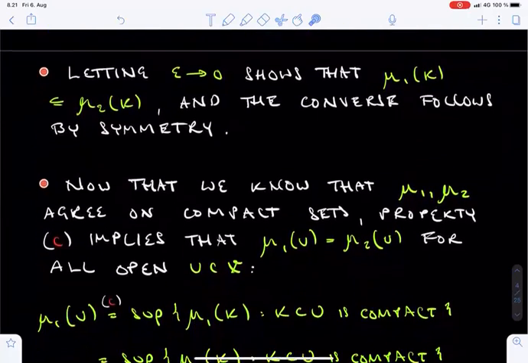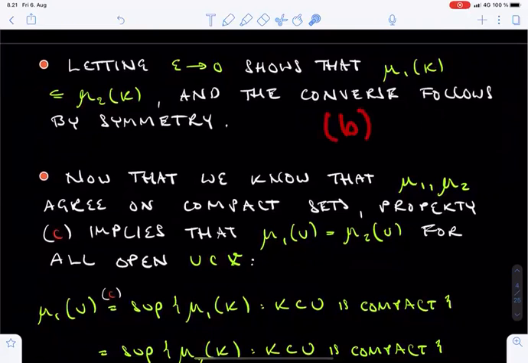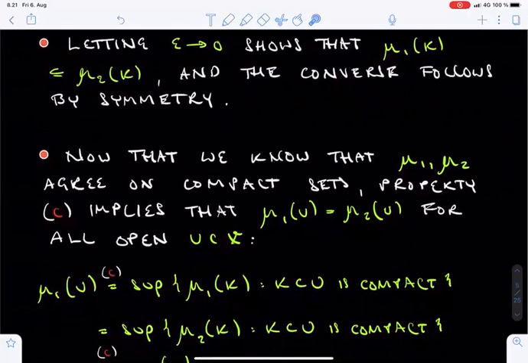It is interesting to note that the outer regularity of mu1 and mu2 was already used in this argument, but the inner regularity will only come up next. Namely, next we claim that mu1 and mu2 also agree on all open sets.